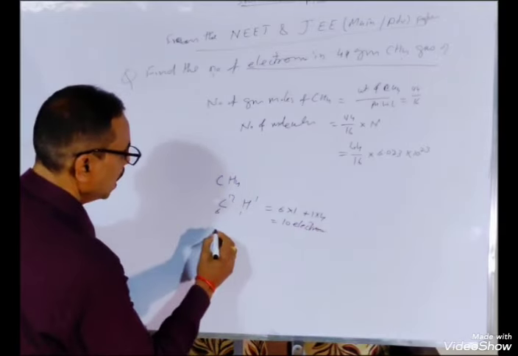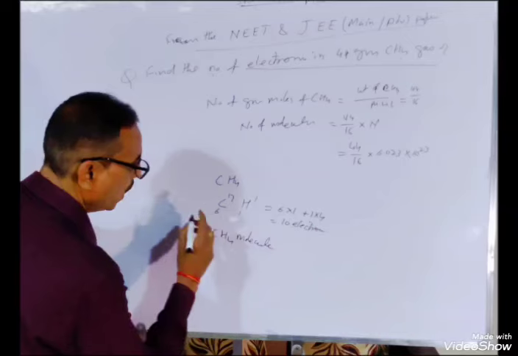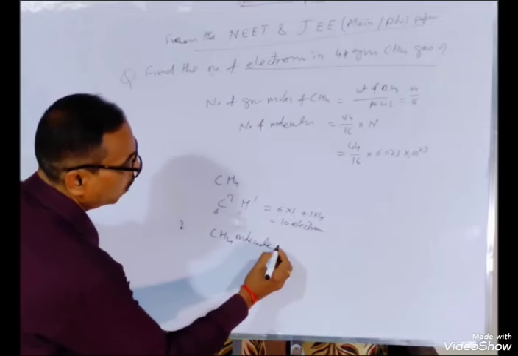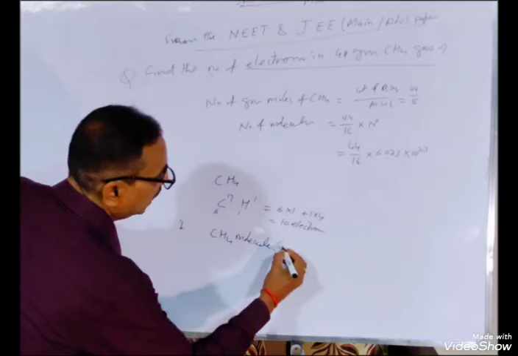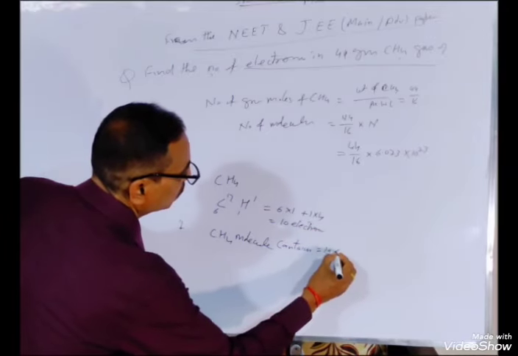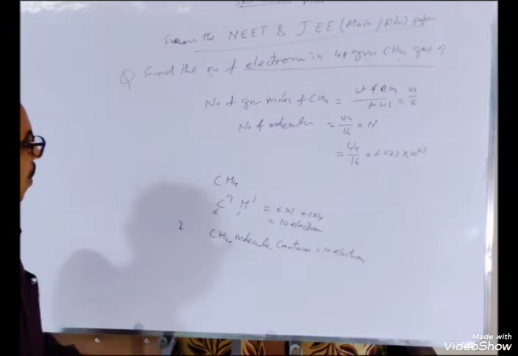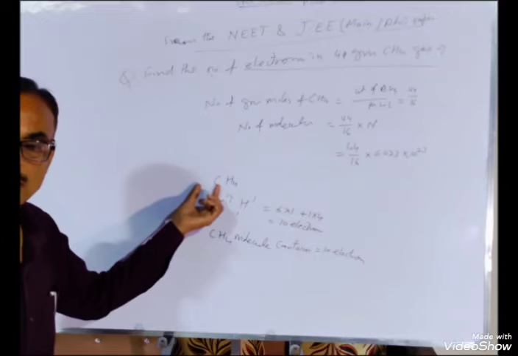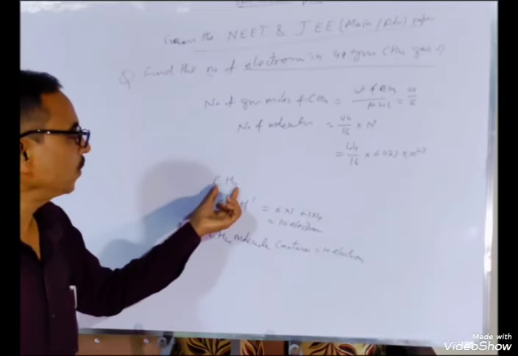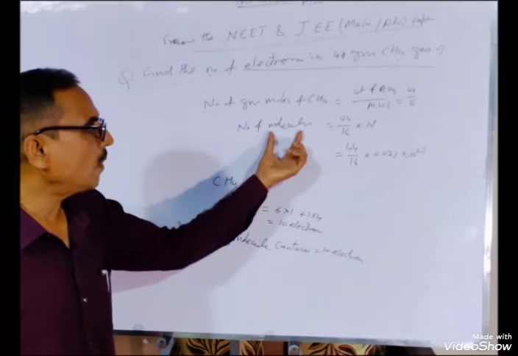It means one CH4 molecule contains 10 electrons. Now you know the number of molecules.